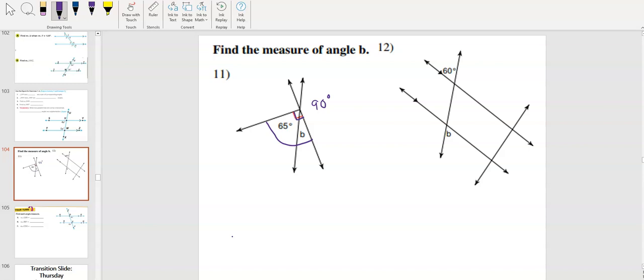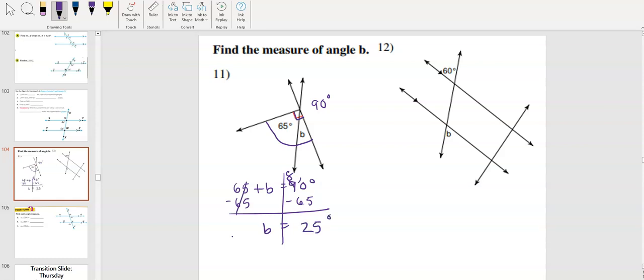It should be something we learned in the past, but if we forgot, that's okay. As long as you know that 65 plus B is 90 degrees, you can solve for B. So we subtract 65 from both sides, and you're going to get B equaling 25 degrees.